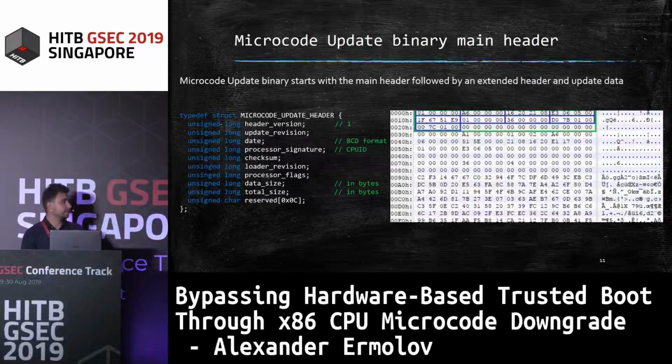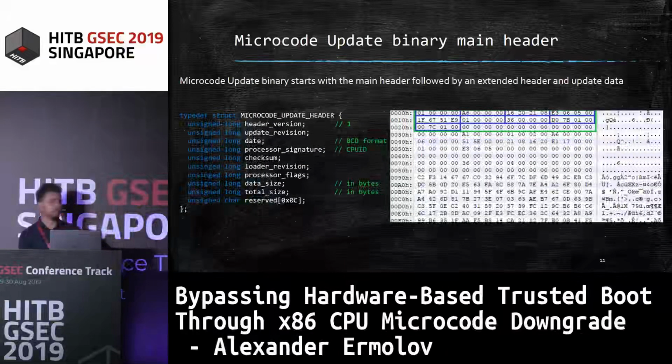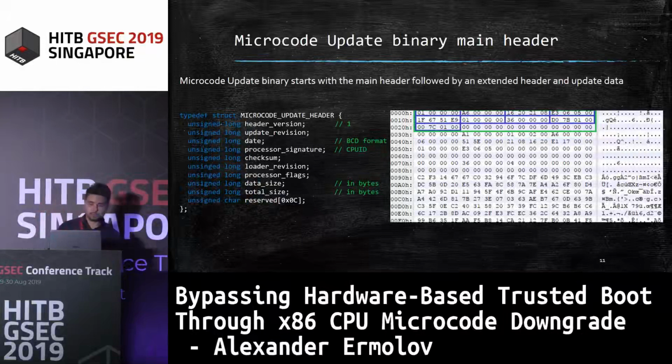The other field is update revision. This field is like a version of the microcode. You can retrieve this revision from one of the MSRs, and it says which update is loaded into the CPU now.